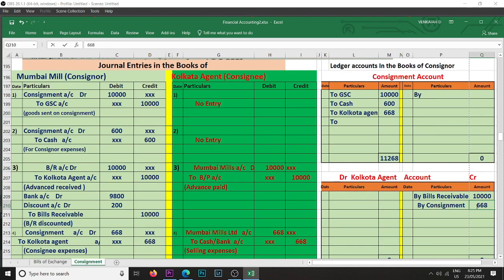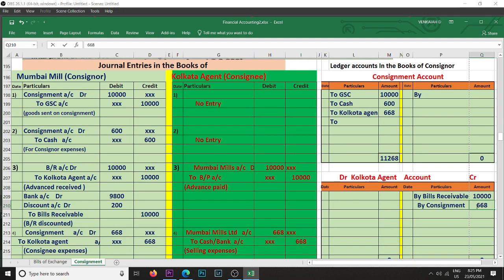These three journal entries, profit, balance received, and transfer to consignment account, are based on the ledger accounts. 10,000 is transferred. Right. So now we completed the books of consignor.